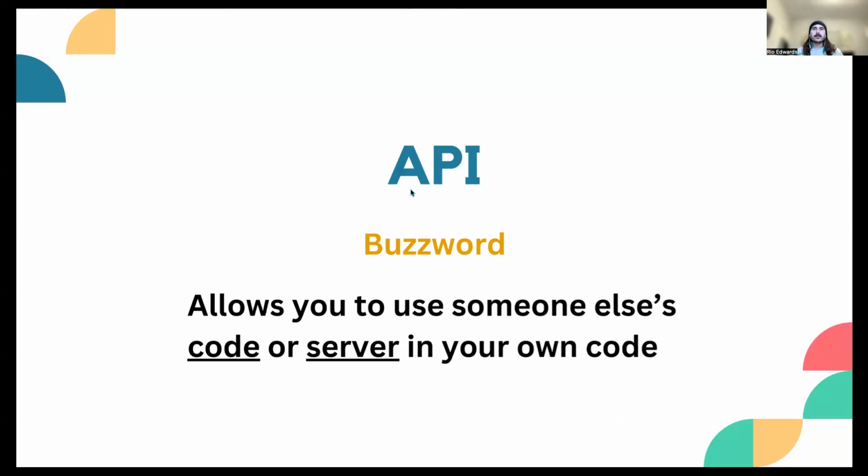You don't have to go through the ChatGPT interface if you don't want to. You can use their API. So that's what it is: a server running an application that has certain ways of interacting with it, usually through URLs. That's how we're going to be interacting with GitHub's API, through URLs.